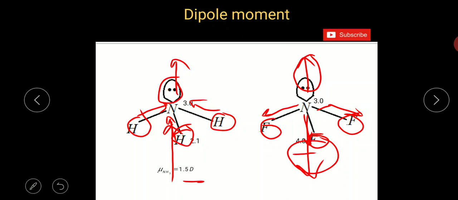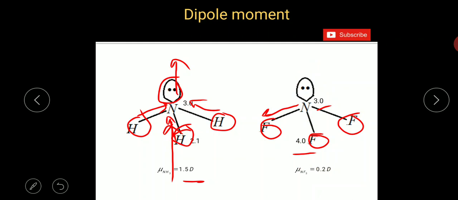The resultant dipole moment of the three bonds will be cancelled by some value of the lone pair dipole moment. So you get the net dipole moment of the NF3 molecule very small, equal to 0.2 D.